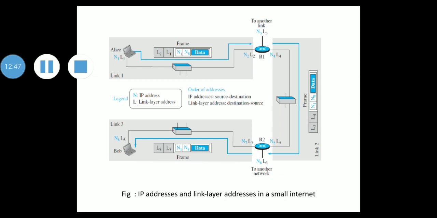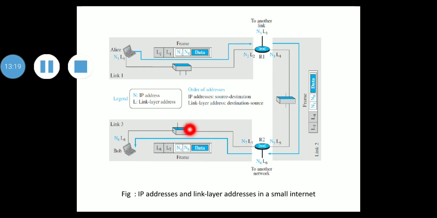You can see for IP address, the source address comes before the destination address. For link layer address, the destination address comes before the source. That is one thing to remember.